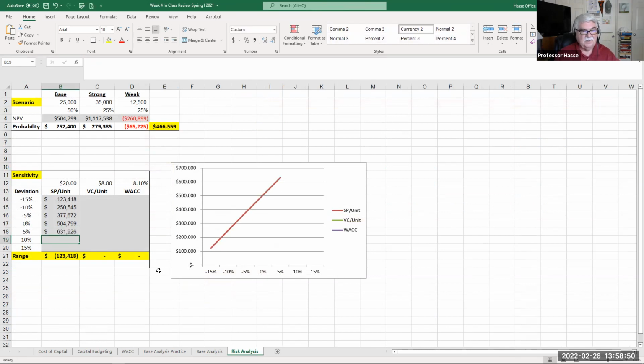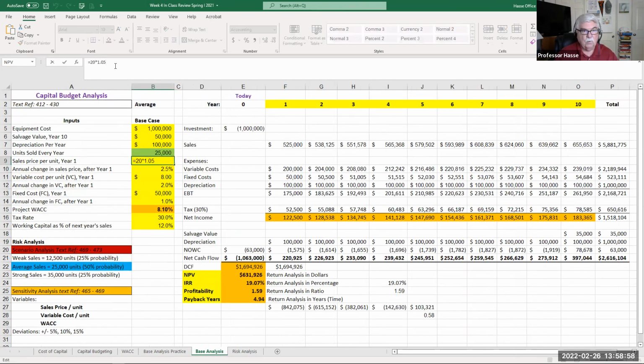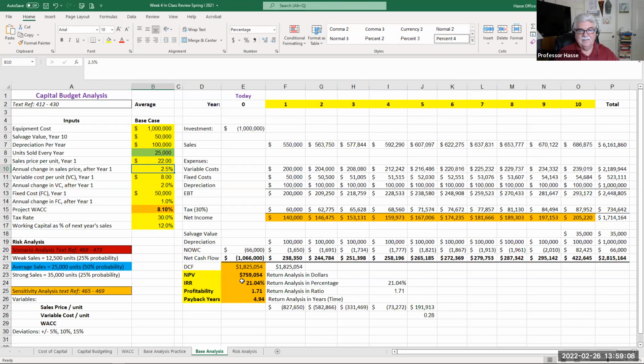And notice we keep on trucking. Let's put in a 10% increase in the selling price. $20 times 1.1. 10% increase. More profit, $759,054.